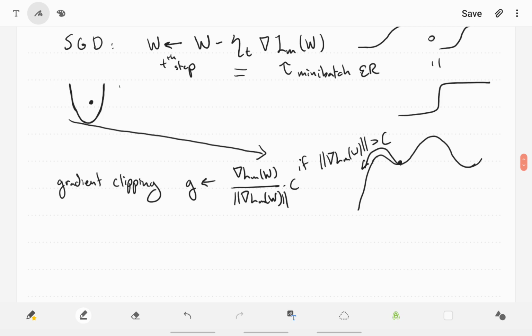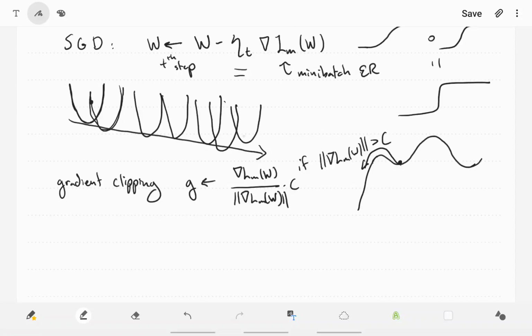But let's imagine the following scenario, and this is what I was getting at earlier. Let's imagine the following scenario where you have these level sets. These are the values of your optimization. Sorry, this is kind of a messy picture.